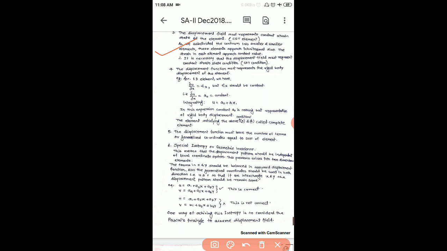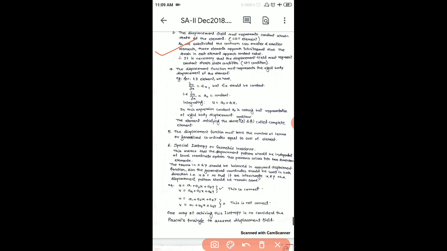Then, the displacement function must represent rigid body displacement. For example, for a one dimensional element we have du by dx equals epsilon x, where epsilon x should be constant. So what does this say? The displacement function must represent rigid body displacement for the element.